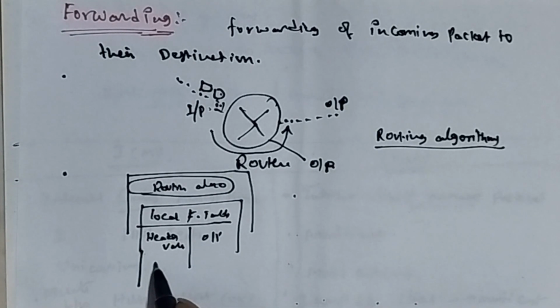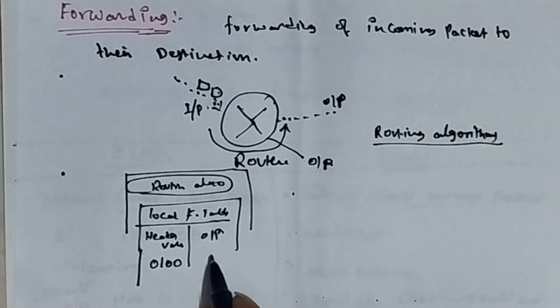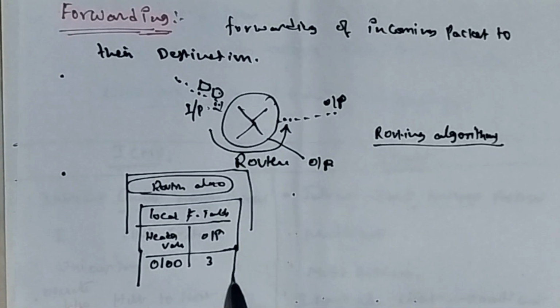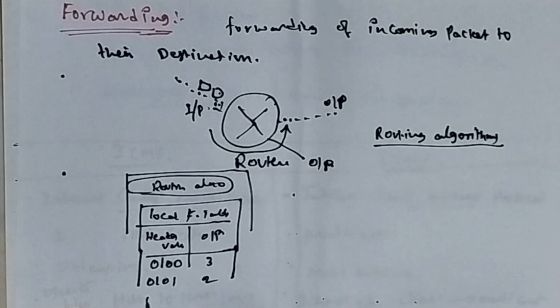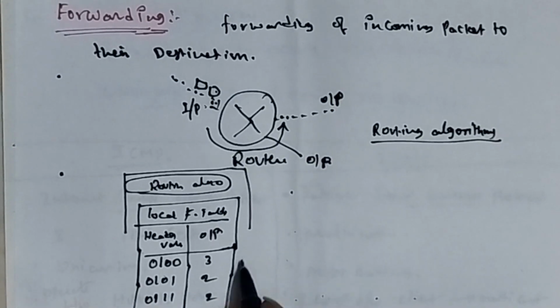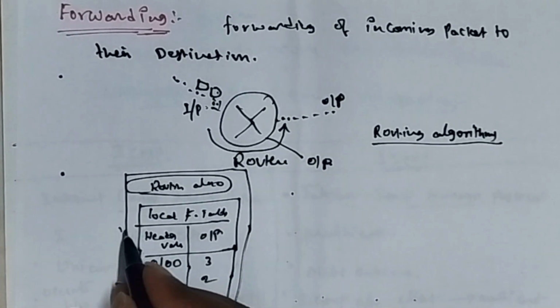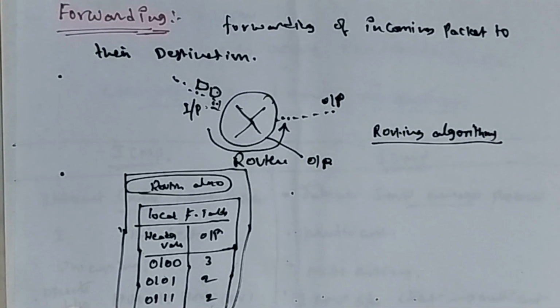Here, header value 0100 has output link 3. Header value 0101 has output link 2. 0111 also has output link 2. And 1001 has output link 1. Like that, there are header values and output links.